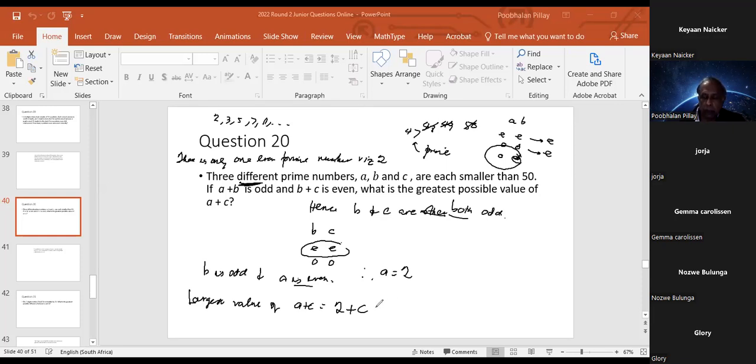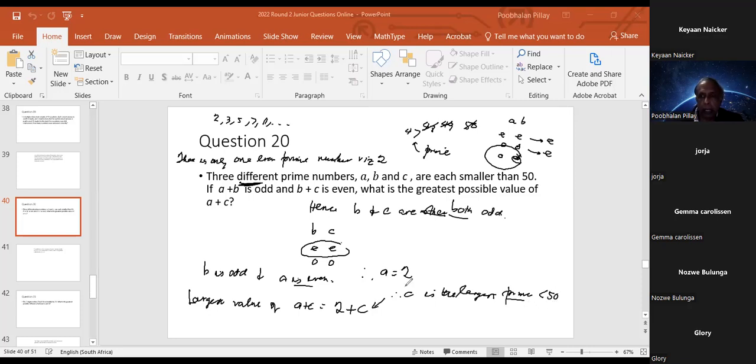So to find the largest value of 2 plus C, C will have to be the largest prime less than 50. You want it to be as large as possible. Largest prime number, less than 50.